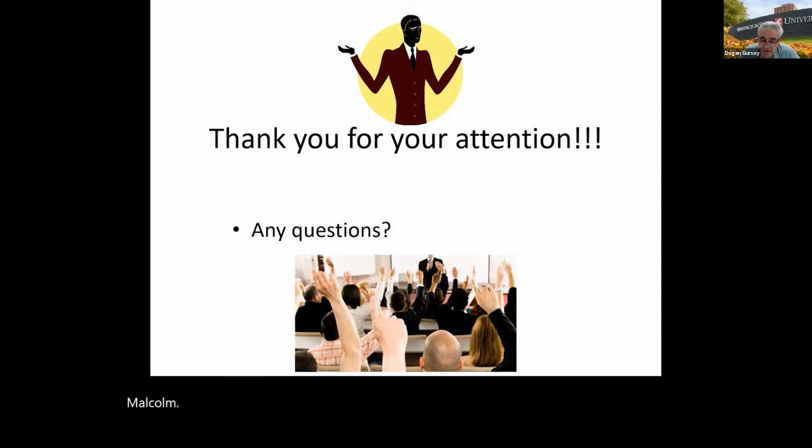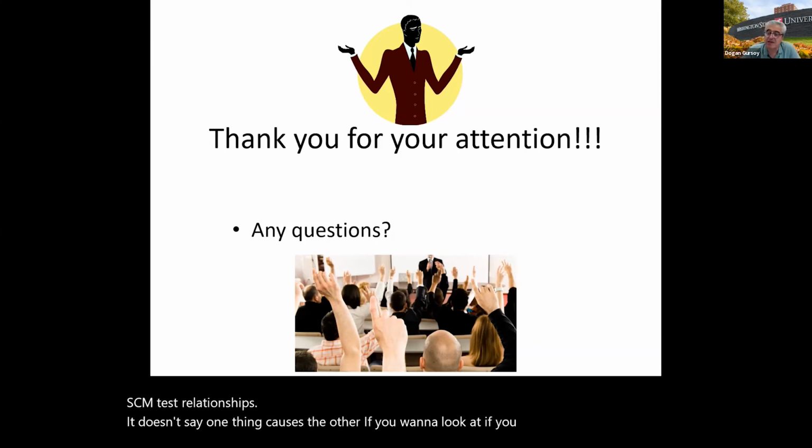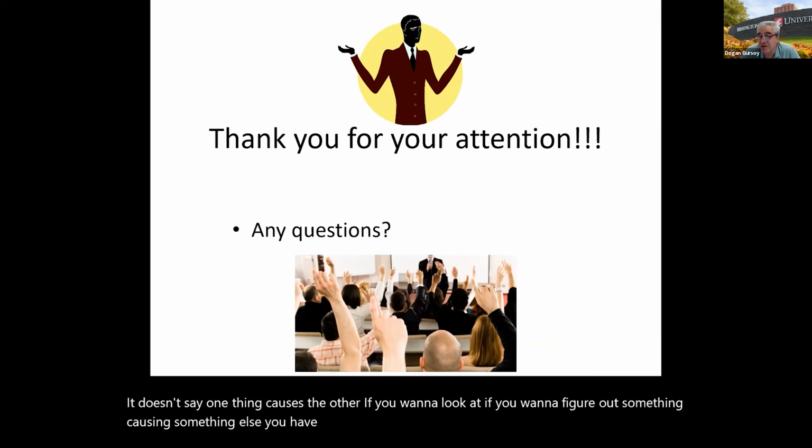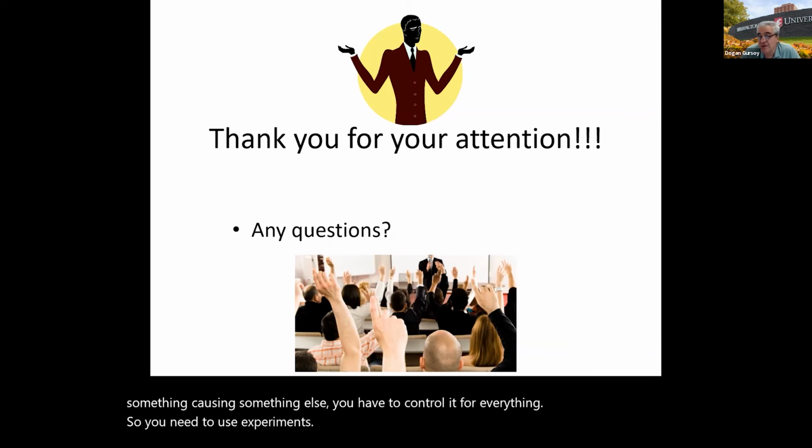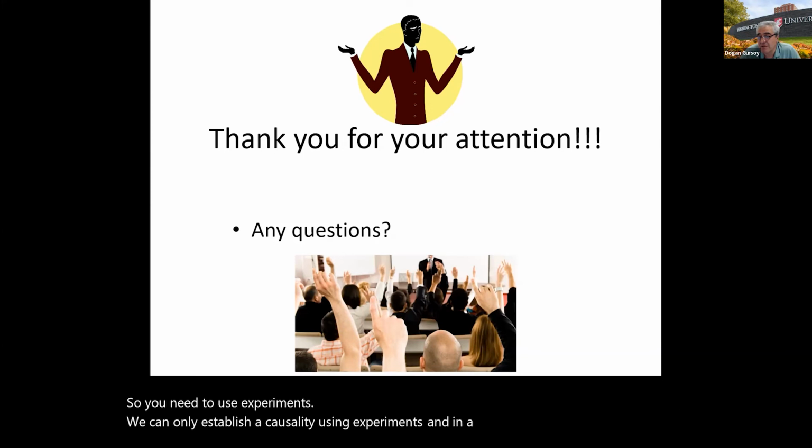Yes, usually SEM doesn't test causality. SEM tests relationships. SEM doesn't say one thing causes the other. If you want to figure out if something is causing something else, you have to control for everything, so you need to use experiments. We can only establish causality using experiments in a very controlled environment.